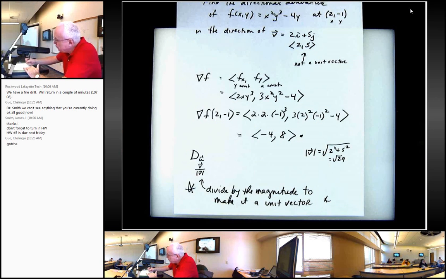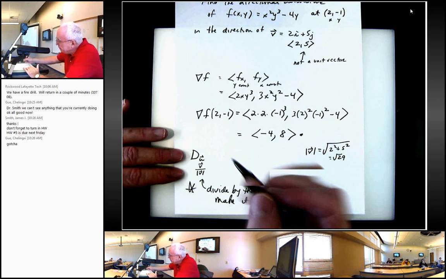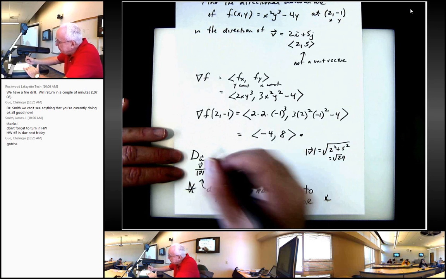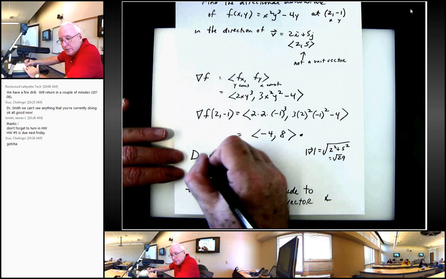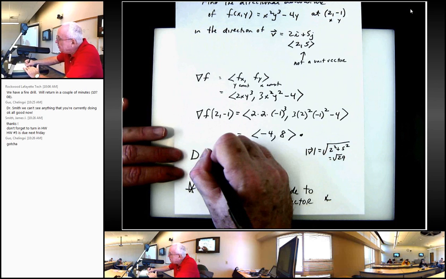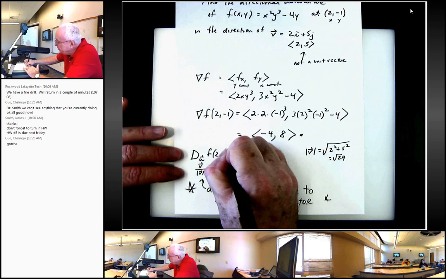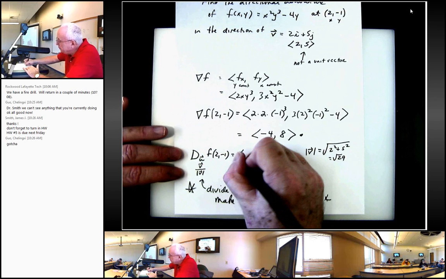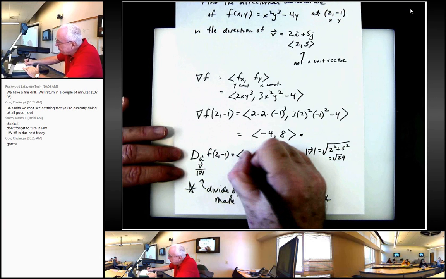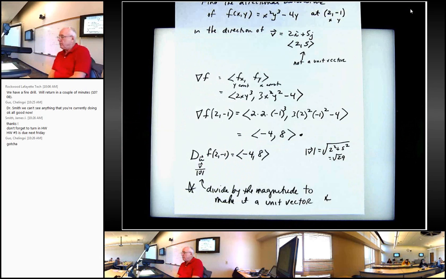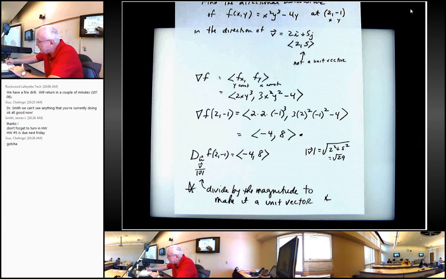So for this directional derivative then, at f at (2, -1), we've already figured out the first part, the gradient, but we're going to be dotting it now with the following.